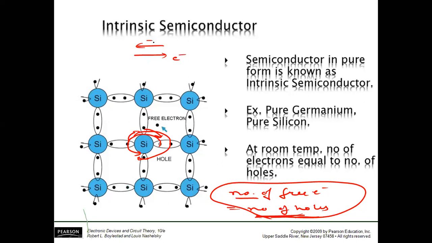For the same reason, holes flow in the reverse direction, from right to left, and the direction of current is similar to the direction of holes. That's why we consider it a positive charge particle and denote it as H plus, and the electron is denoted as E minus.